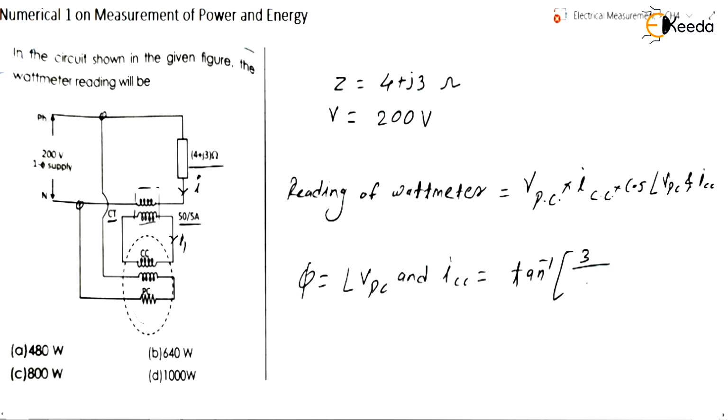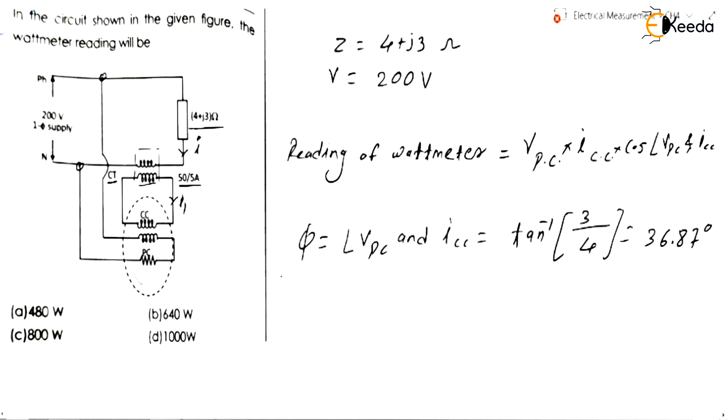So tan inverse of XL by R is equal to tan inverse of 3 by 4, which is equal to 36.87 degree. Now we can find the cos phi.